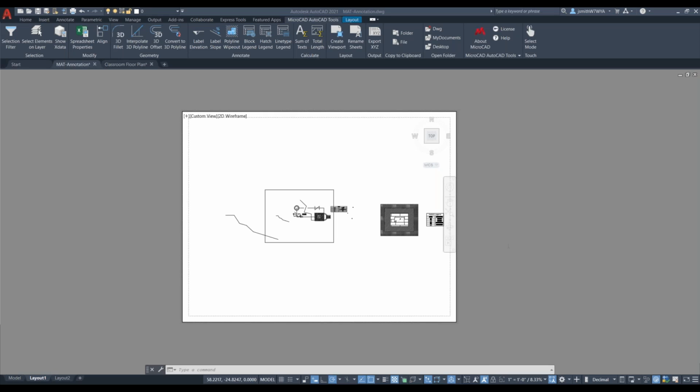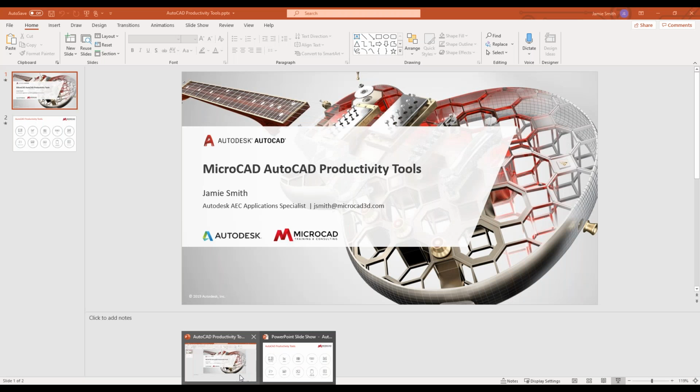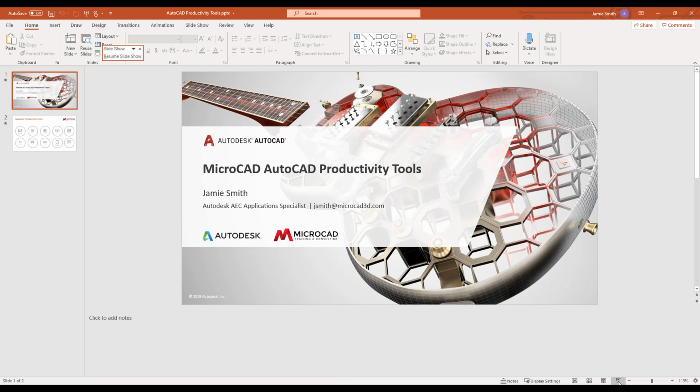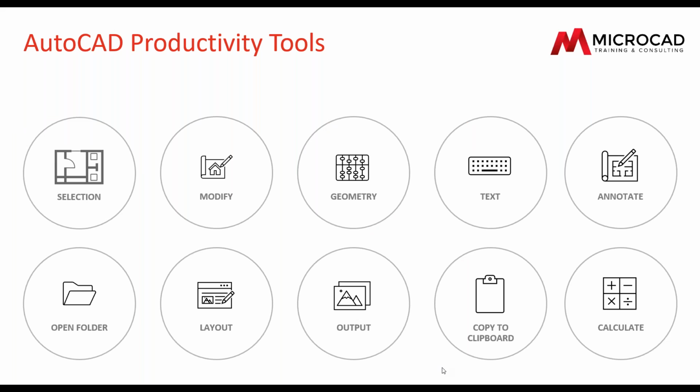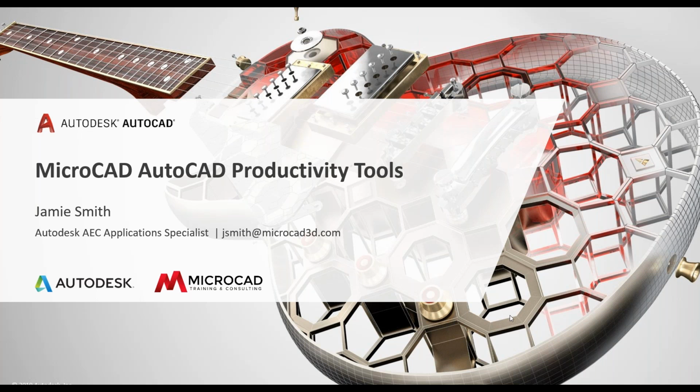It is different if you have a 1-year contract versus a 3-year contract. I would definitely suggest getting in touch with your MicroCAD representative. If you're not sure who that is, you can email either myself or Jamie. We can put you in touch with them. But that's definitely something they can help you out with. And if you don't have it, if you're looking for a quote, they can get that out to you pretty quickly too.